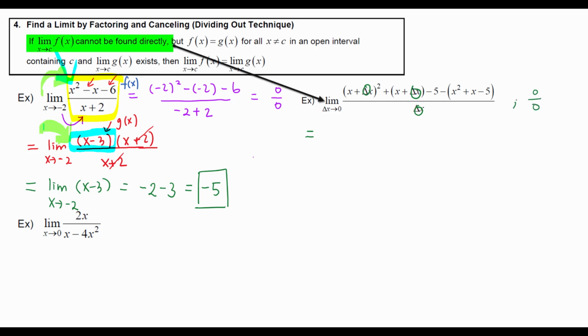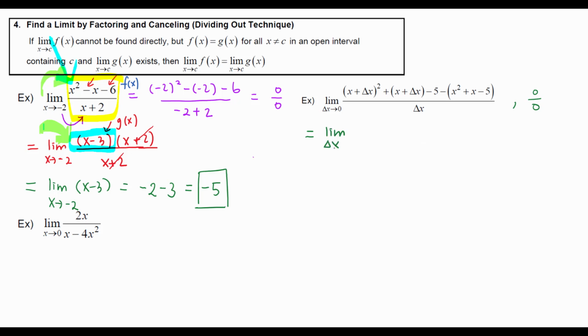So again, this limit cannot be found directly. What you need to do is multiply out and hopefully factor the numerator. After dividing out, you can plug 0 in for delta x and find the limit of this expression.